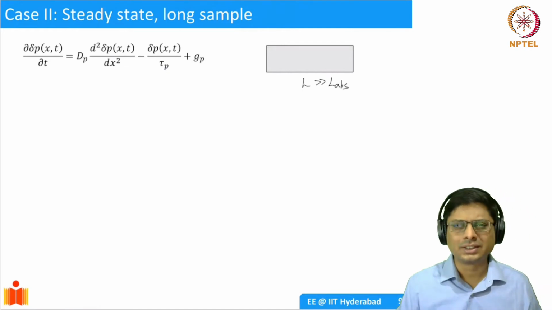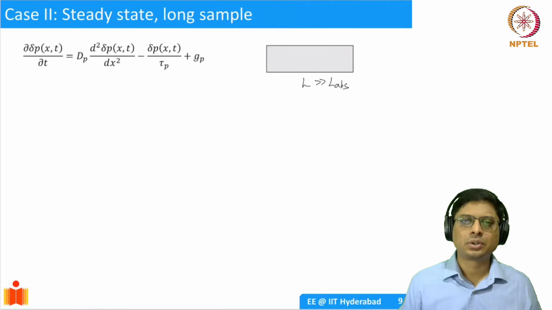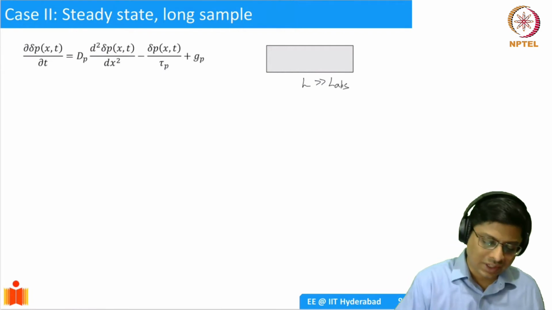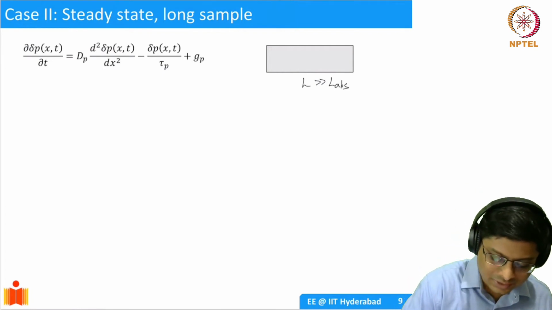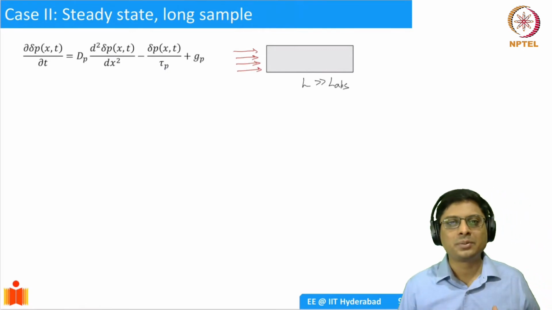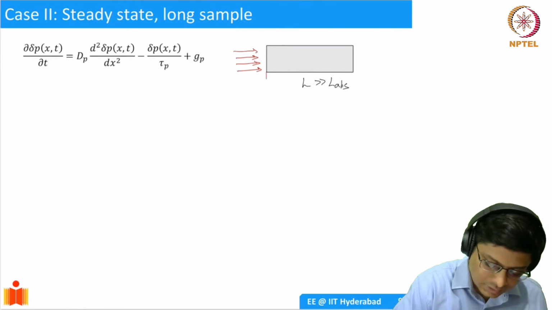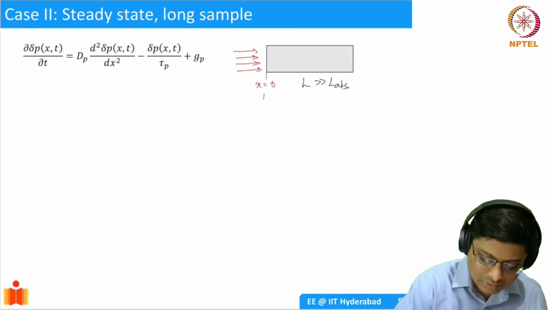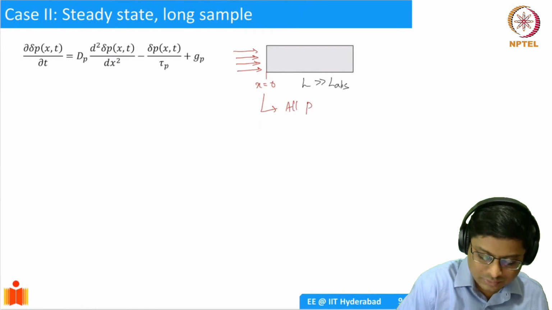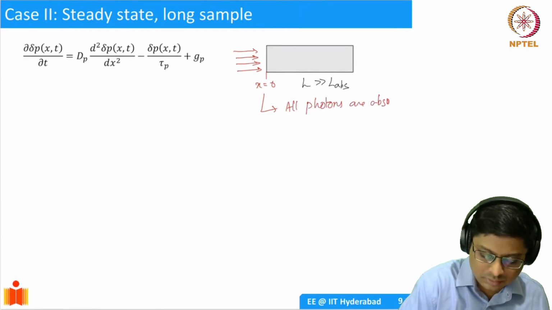Much greater. So what I'm trying to say is, when you shine light, for example, let me shine light from this side, all my photons are going to be absorbed only at x equal to 0. Let's say this is x equal to 0. All photons are absorbed at x equal to 0.